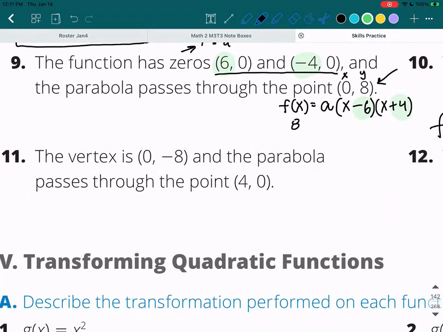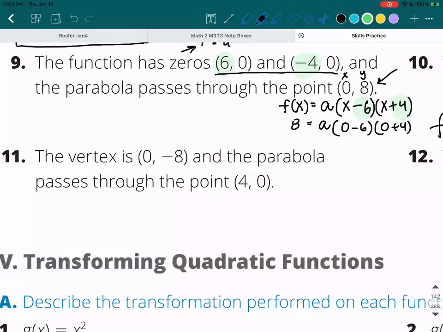So 8 is equal to a, we don't know what a is yet, times parentheses, x minus 6. Since our x value is 0, I'm going to say 0 minus 6. And then I see another x, I'm still going to put a 0 here. So 0 plus 4. So 8 is equal to a times 0 minus 6 times 0 plus 4. I'm going to pause here and see if you guys have any questions.